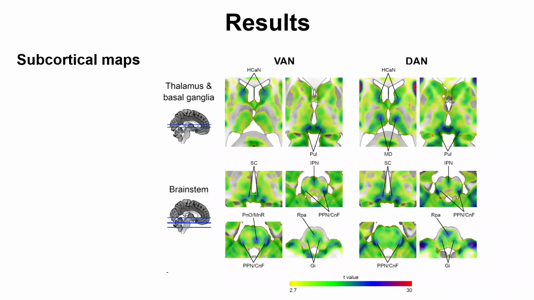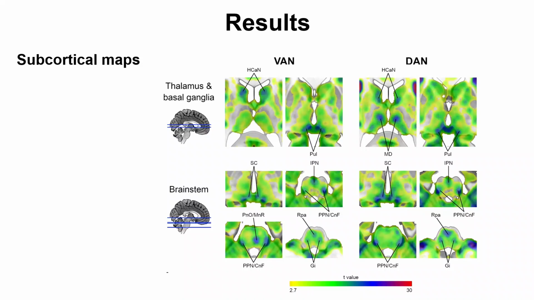When we analyze the subcortical distributions of these networks, we can identify some of the hypothesized subcortical nuclei, such as the pulvinar, the caudate, and superior colliculi.